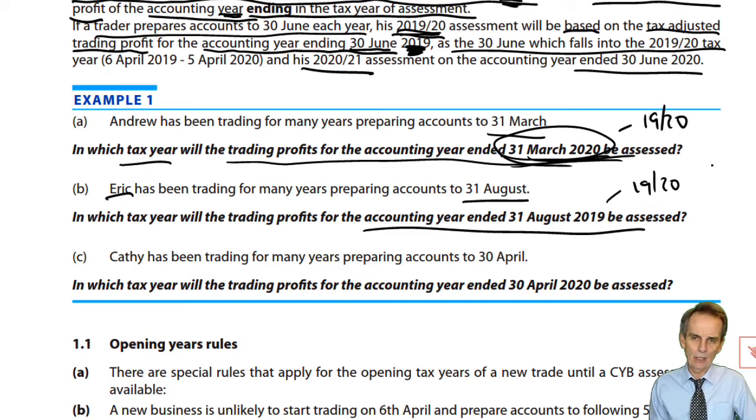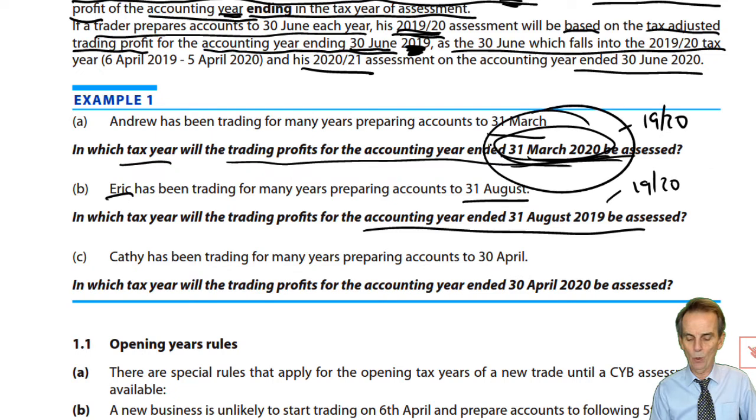Where we do have to be just a little bit careful is where we do have those accounting year ends either side of the 5th of April, either just before the end of the tax year, as was that one, the 31st of March 20, was just before the end of the 1920 tax year, so it falls in the 1920 tax year, so that is the period to be assessed, year ended March 20.